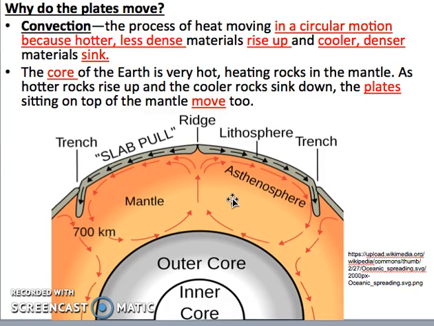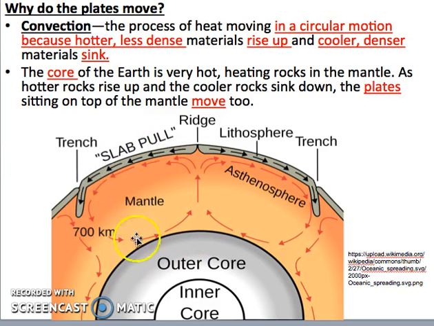And these plates actually move around. So let's talk about how they move around, or why. So last time we met, we talked about the different layers of the Earth. Here's the crust, mantle, outer core, inner core. And the plates are part of the crust, which is the outer layer of the Earth. Now, these plates move because of the idea of convection. Last time we did a little demonstration that explains what convection is. It's the circular movement of heat.